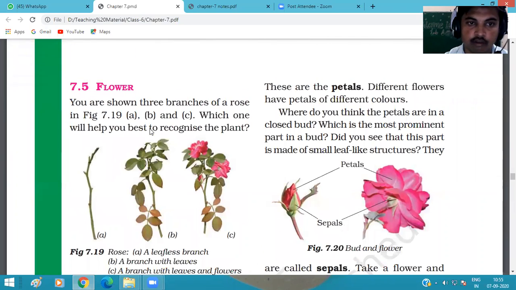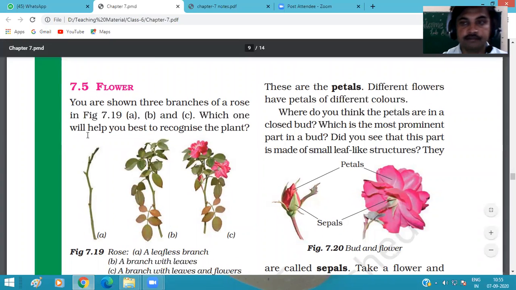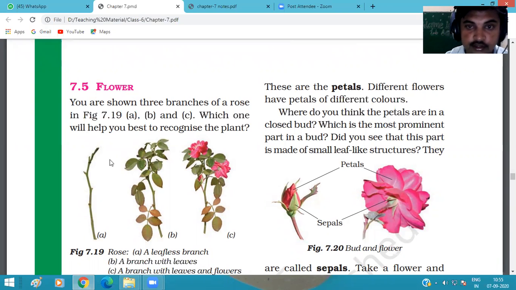that is flower. In this topic, you see three pictures, A, B, and C. In the first picture, only the stem is present, in the second picture, leaves are attached to the stem, and in the third picture, you see leaves and flowers both present with the stem.